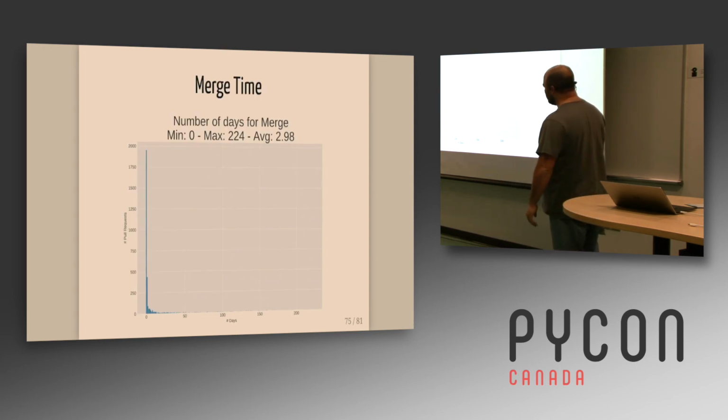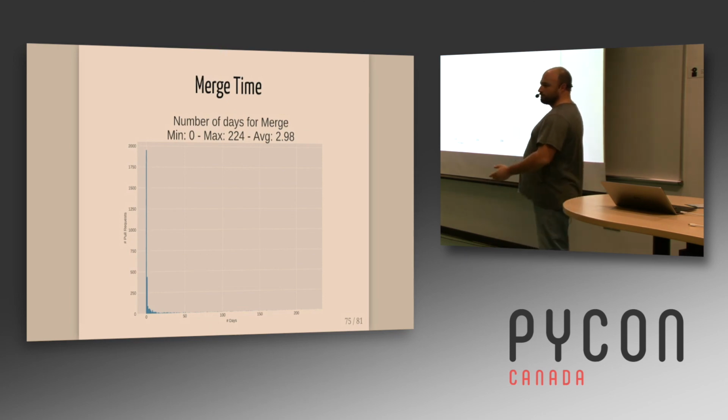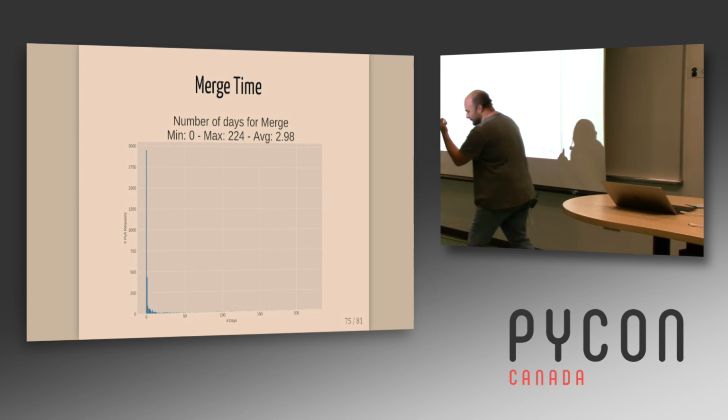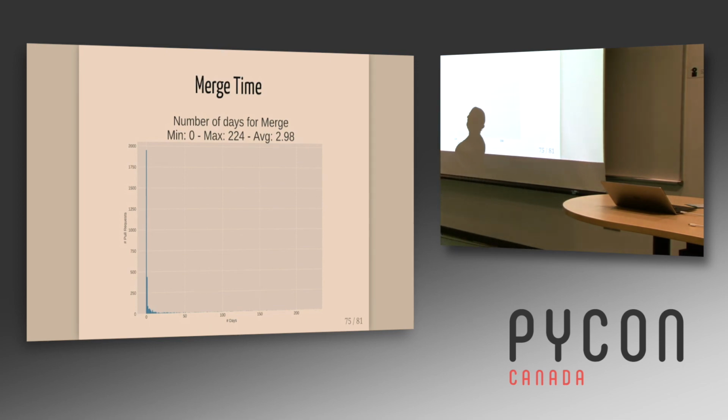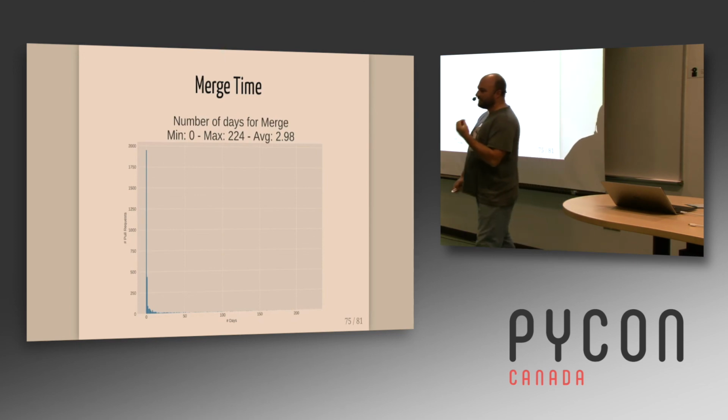You can see there is a small peak: 2,000 merges in 0 days. The maximum is 224, because there is just one merge. But the average is 2 or 3 days for a merge.